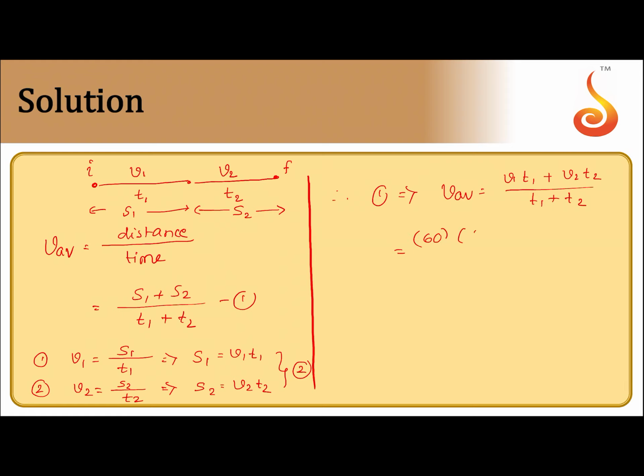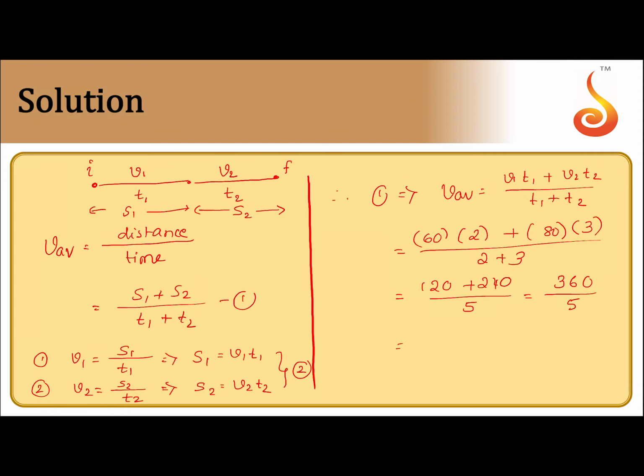What is t1? 2 hours. What is v2? 80, and t2 is 3, whole divided by 2 plus 3. This is nothing but 120 plus 240 divided by 5. Further, this is 360 divided by 5.